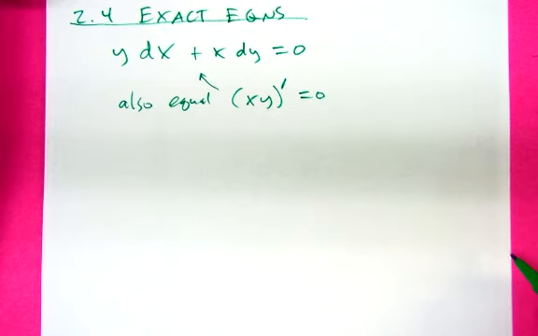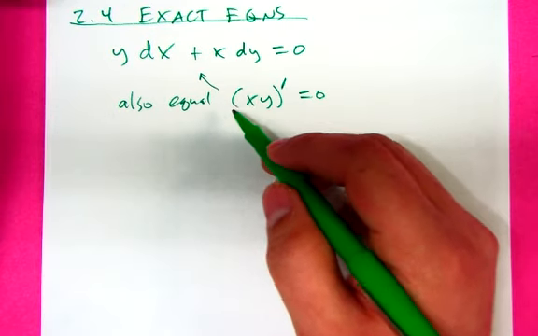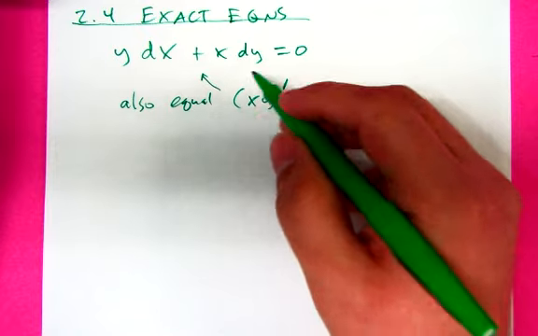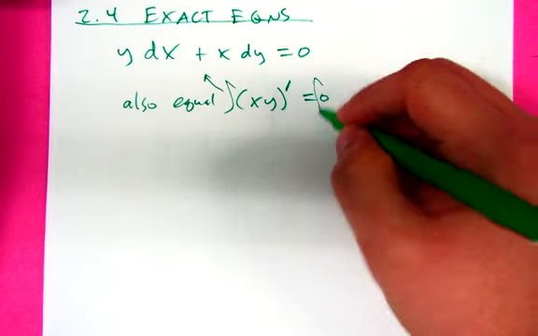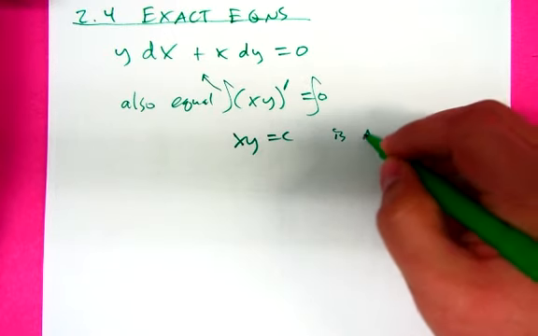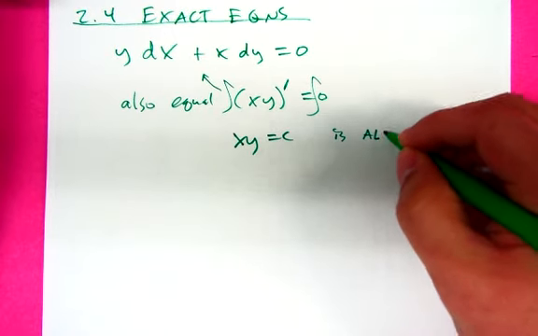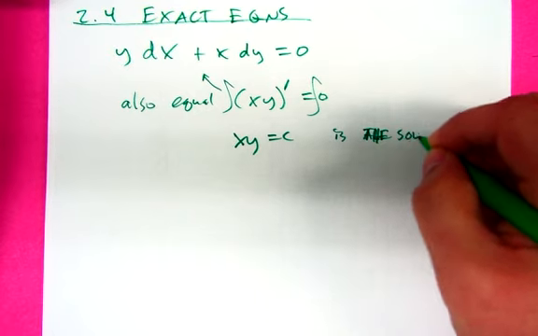So in other words, to undo this derivative, we could say, let's integrate. So then we get xy equals c. So xy equals a constant is the solution for this differential equation.